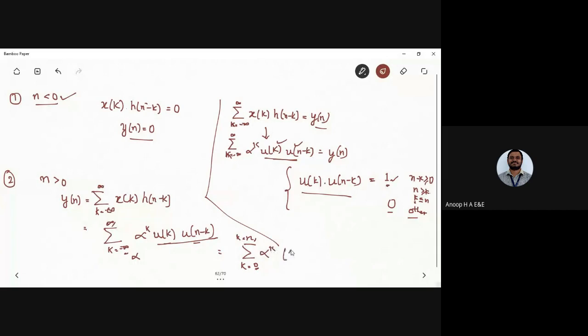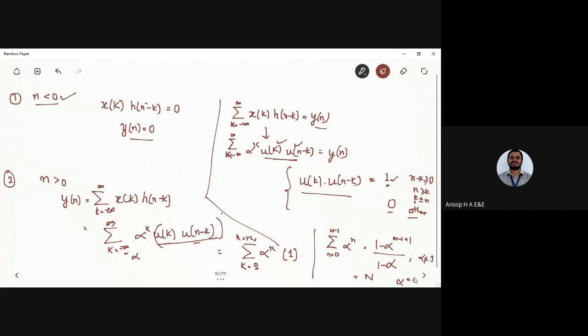Alpha power k into 1. So this 1 is nothing but the magnitude of u of k and u of n minus k. Got it? So now I have a finite summation formula where I'll be having sigma from 0 to n, alpha power k, which is given by 1 minus alpha power n plus 1 divided by 1 minus alpha, where alpha not equal to 1, and its value is said to be equal to n plus 1 where alpha equals 1.